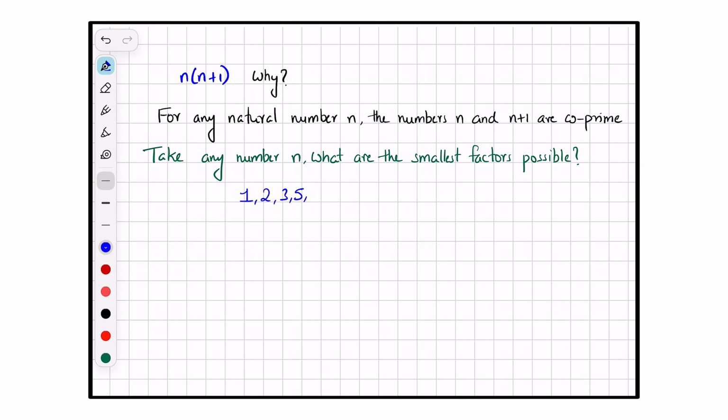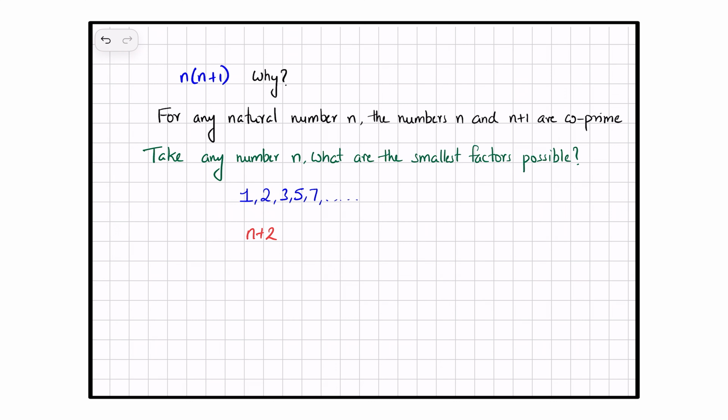It can be 7 and so on. Fine. Let us assume that 2 is the smallest factor for the number n, okay? Now what will be the next smallest number such that 2 will be the factor? That will be n plus 2, okay?